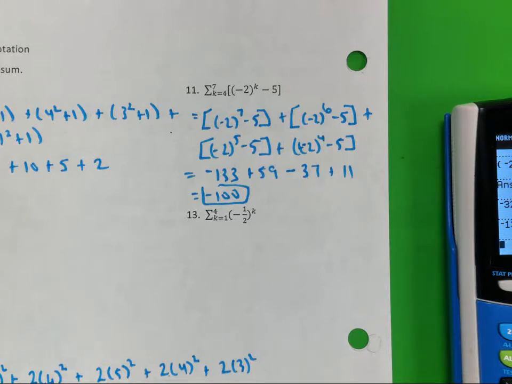You're done with that one, go to the next one. Check your work, see if you got negative 100 on that one.